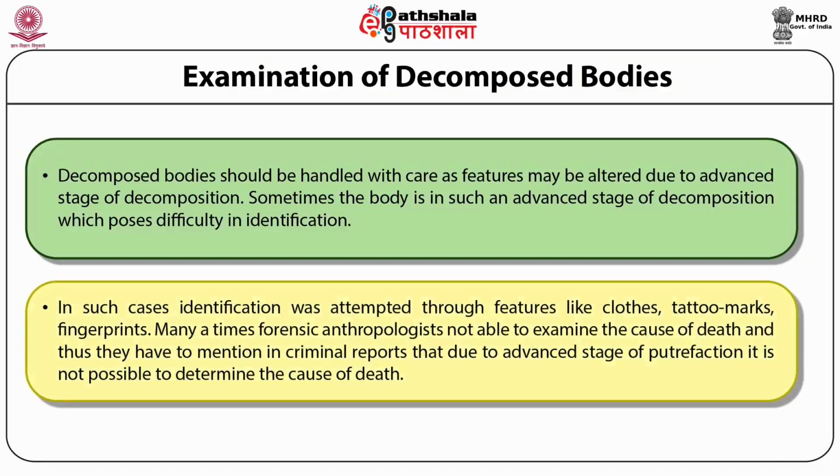In such cases, identification is attempted through features like clothes, tattoo marks and fingerprints. Many a time, forensic anthropologists are not able to examine the cause of death and thus they have to mention in criminal reports that due to advanced stage of putrefaction, it is not possible to determine the cause of death.